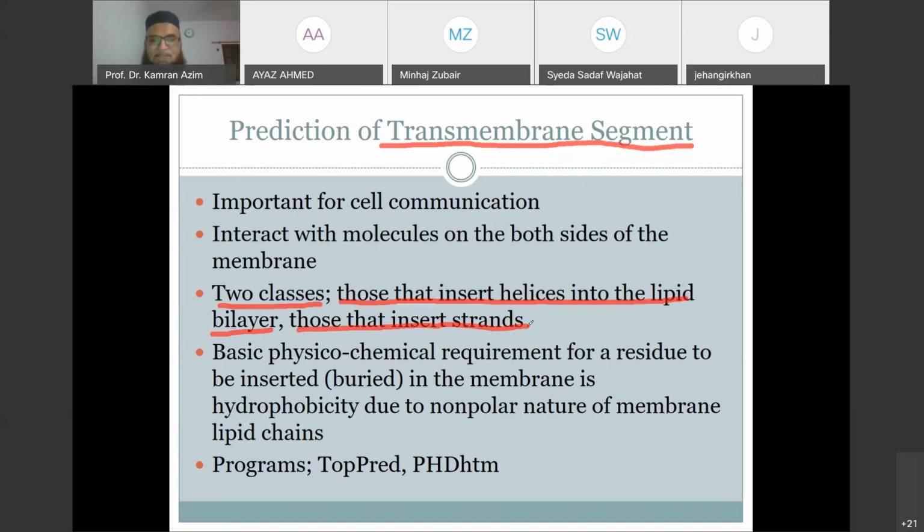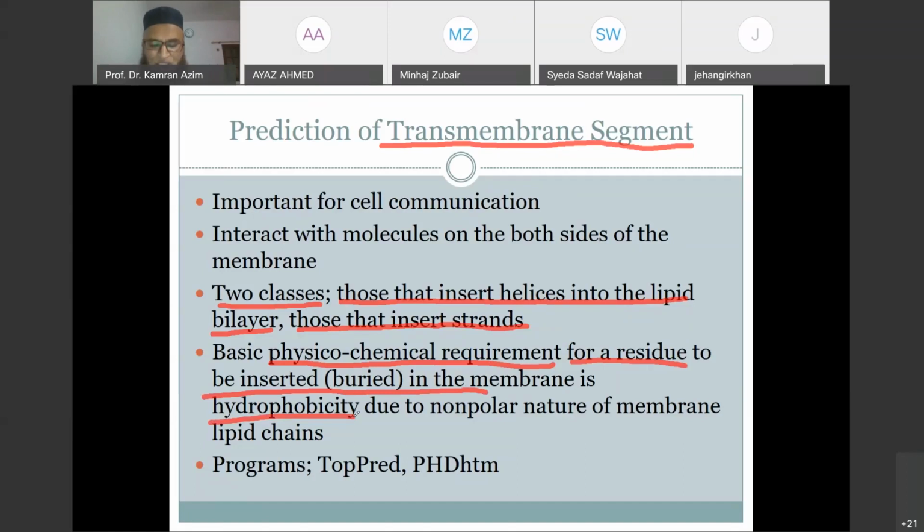One, those that insert their alpha helical region in the lipid bilayer of the cell, and the other type of protein which insert their beta strands in the cell. So the physicochemical requirement for a residue to be inserted in the membrane is hydrophobicity.